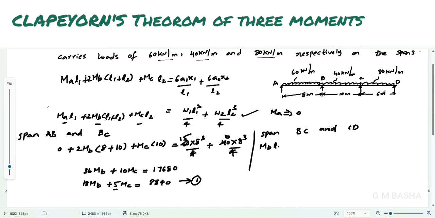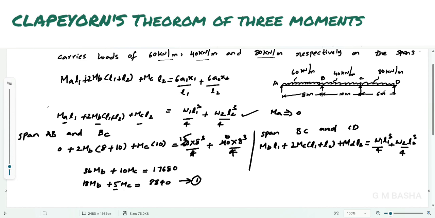MB into L1 plus 2 MC into L1 plus L2 plus MD into L2 equal to W1 L1 cube by 4 plus W2 L2 cube by 4.